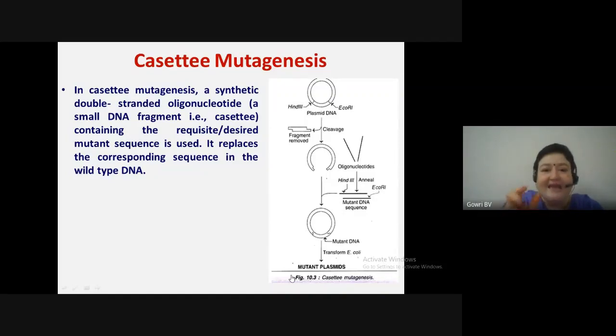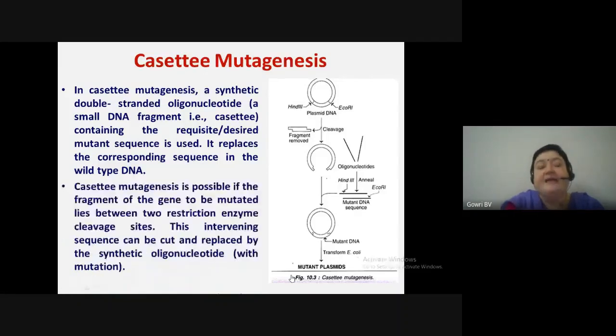The cassette is a synthesized double-stranded oligonucleotide, and it replaces the target sequence lying between two restriction endonuclease sites.